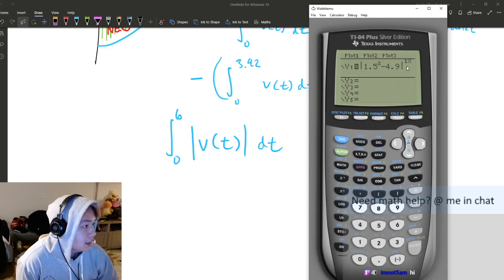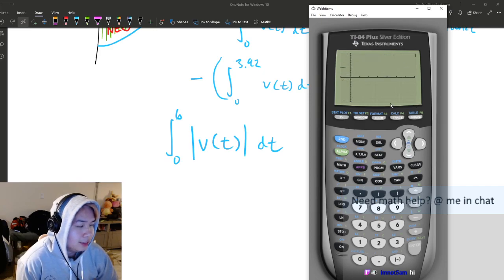Okay, so here it is. I couldn't get rid of this exponent, so I just put 1 there. But notice that when we graph it, now it's just the absolute value version. And when I calculate the integral from 0 to 6, hopefully this works.